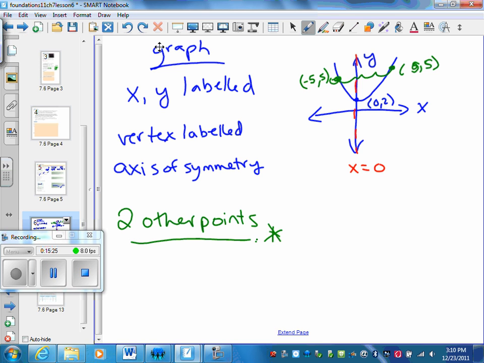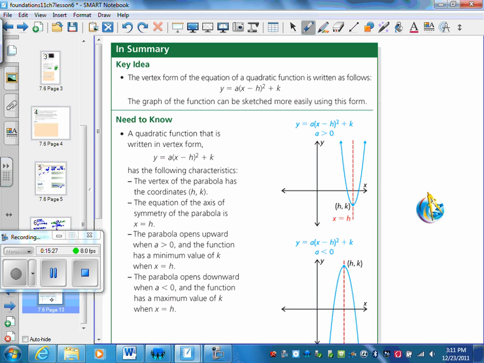Okay, all we have left is a little summary. The vertex form of the equation of a quadratic function is written as follows: y is equal to a(x minus h) squared plus k. The graph of the function can be sketched more easily using this form. A quadratic function written in vertex form has the following characteristics. The vertex is (h, k).